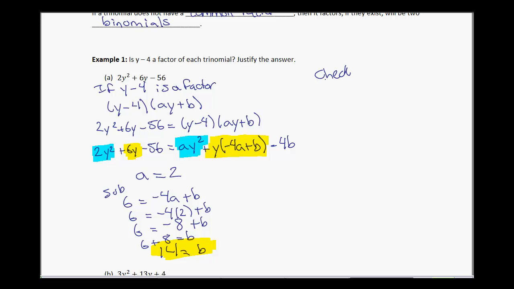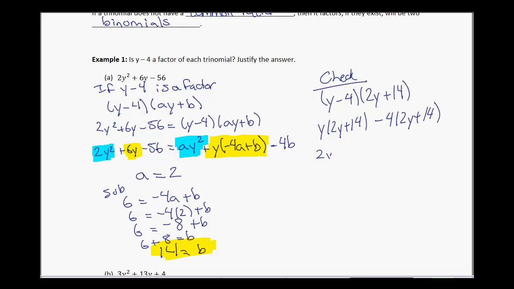We're checking our binomial y minus 4 times our new binomial of 2y plus 14. And we need to distribute that out to see if it matches our original trinomial. So let's distribute. Y times 2y plus 14 minus 4 times 2y plus 14. 2y squared plus 14y minus 8y minus 56.